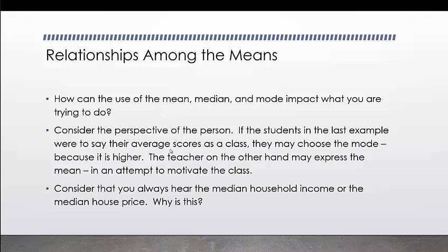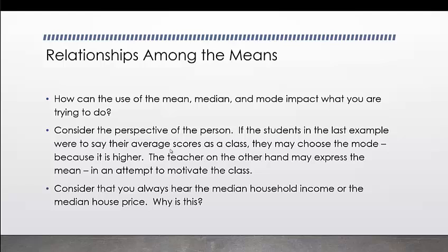Take homes, for instance. If a median home in Tulsa costs $150,000, there are homes in Tulsa that sell for $5 million, $10 million, or more. And so a home that sells for $150,000 compared to a home that sells for $5 million, it would take 50 $150,000 homes to get to that one $5 million home.